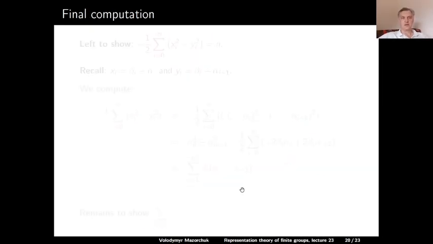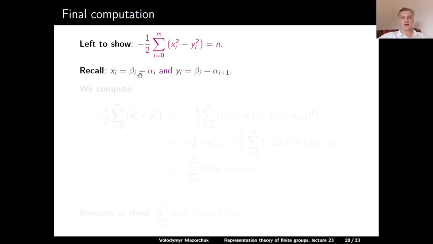Let us now go to the final computation of step 3. So we need to show that minus 1/2 of the sum of xi squared minus yi squared is equal to n. Recall that xi is beta i minus alpha i, and yi is beta i minus alpha i plus 1. So let us do the computation here.